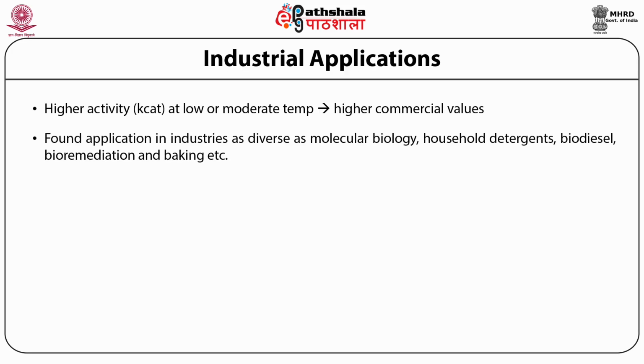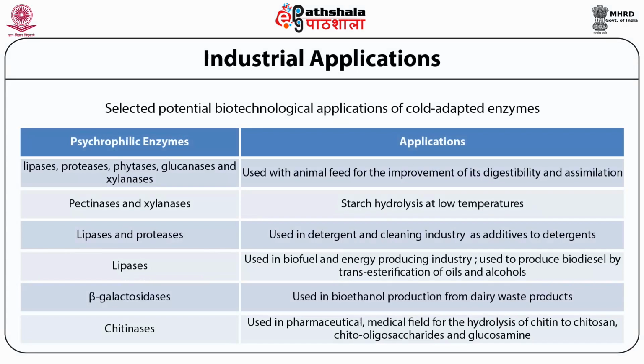These enzymes are now being used in industries as diverse as molecular biology, household detergents, biodiesel, bioremediation, and baking. Here are some examples of these psychrophilic enzymes: lipases, proteases, phytases, glucanases, and xylanases.